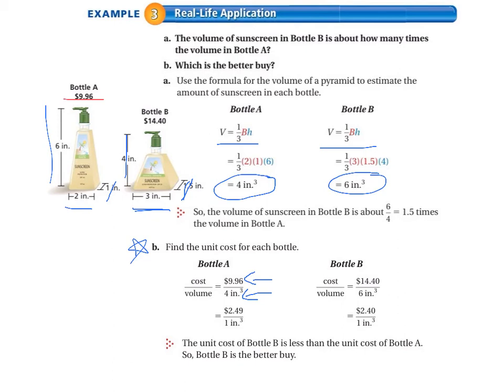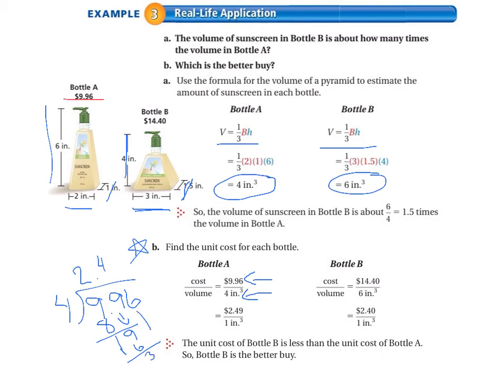So on the bottom we get 1, and when we divide the top, our $9.96 by 4, do that over here, decimal point, and 4 goes into 9 2 times, and 4 goes into 19 4 times, and 19 minus 16 is 3.